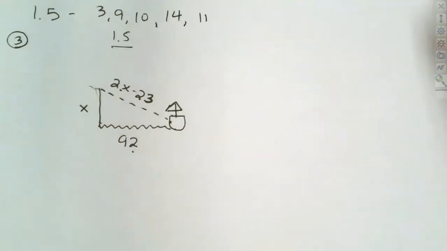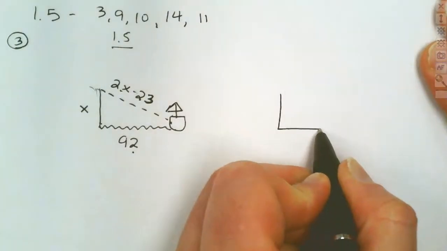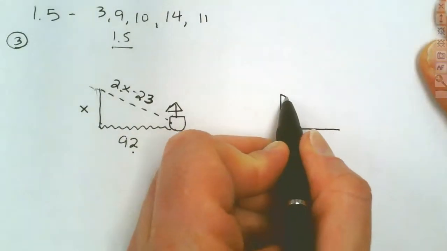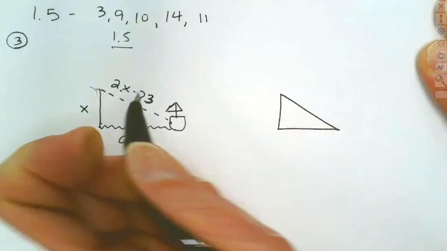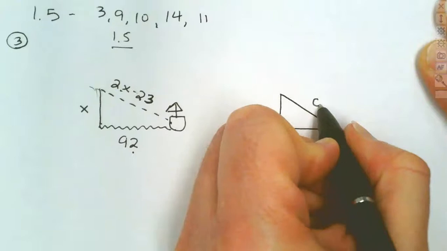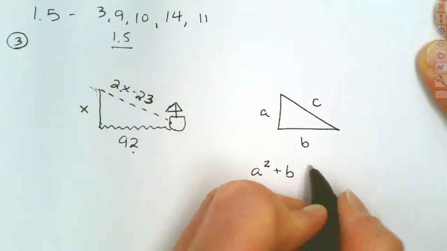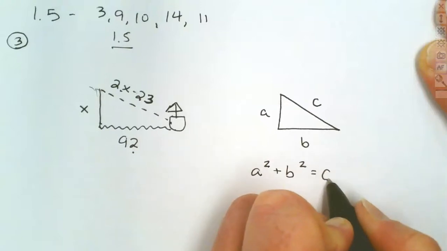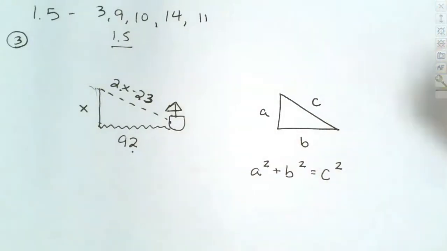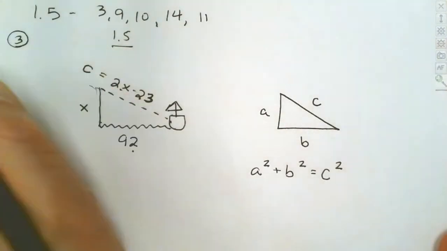Now, what do we know about the Pythagorean Theorem? Well, again, we covered this in our video lecture last time. The Pythagorean Theorem says this. You've got a right triangle, and the Pythagorean Theorem says a squared plus b squared equals c squared. A and b, it doesn't matter which is which, but c has to be the diagonal.